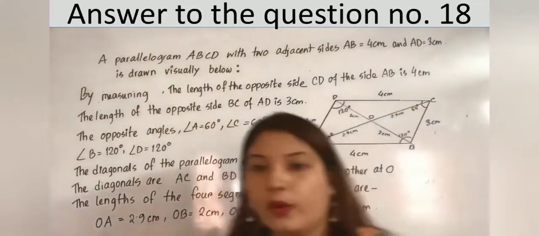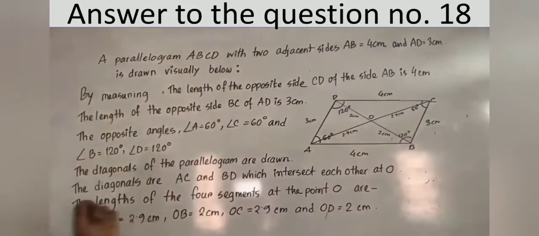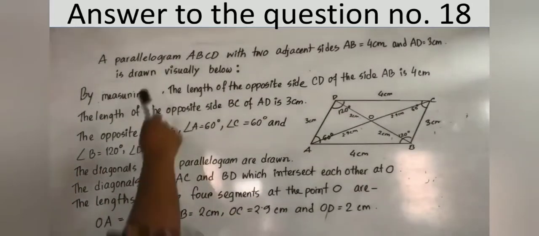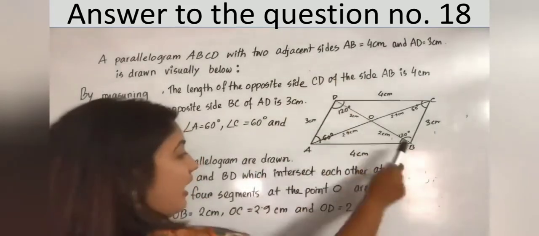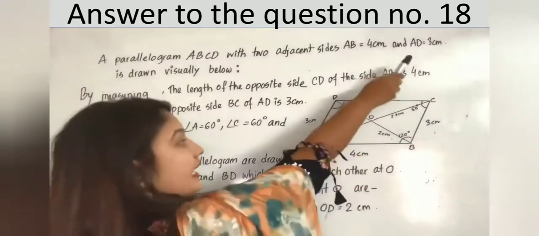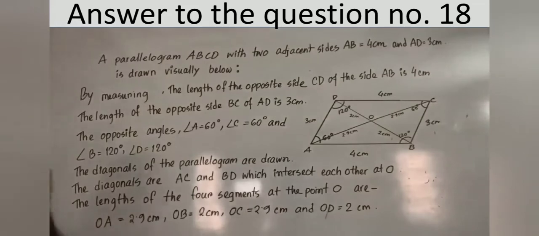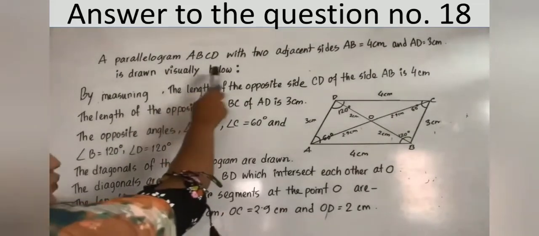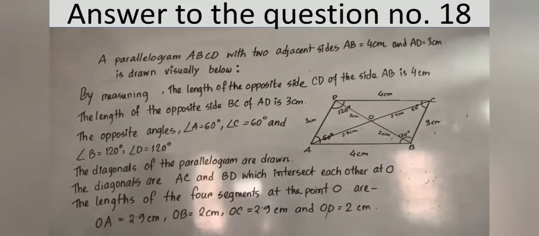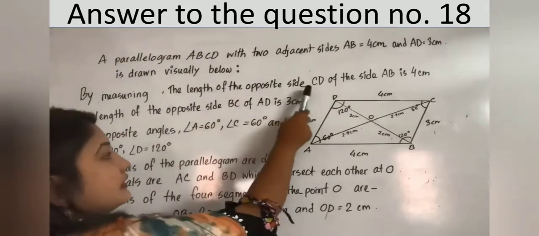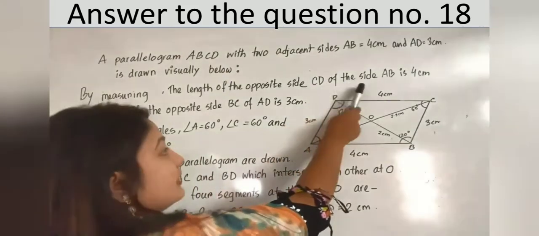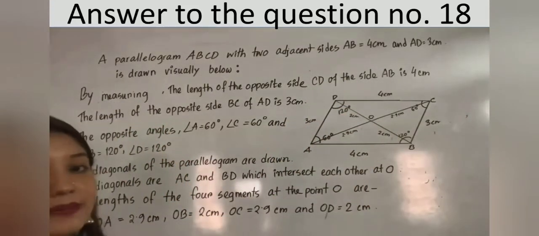As you can see in the board, what I have written at first: a parallelogram ABCD with two adjacent sides AB as 4 centimeter and AD as 3 centimeter is drawn visually below. Then the figure is drawn. And then you will write by measuring, the length of the opposite side CD of the side AB is 4 centimeter.